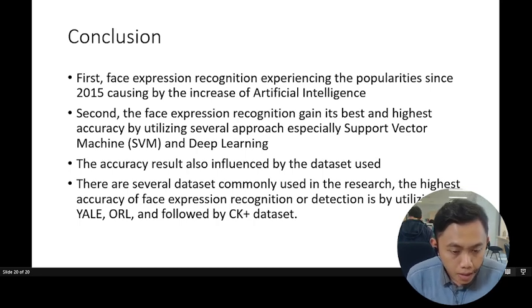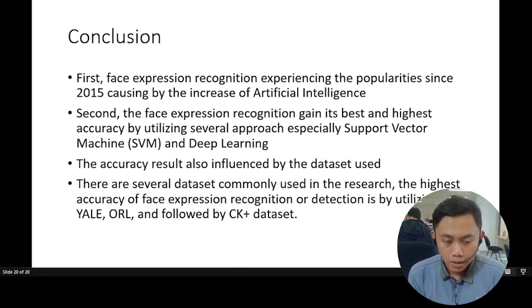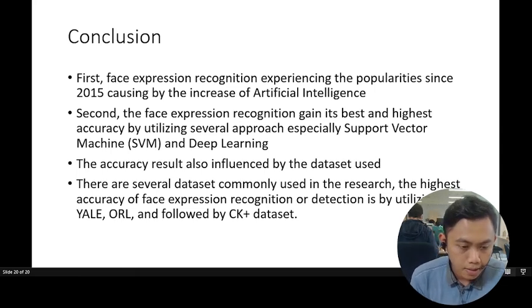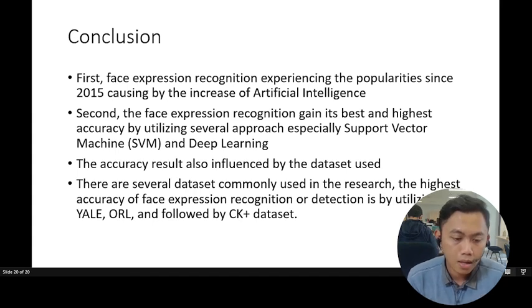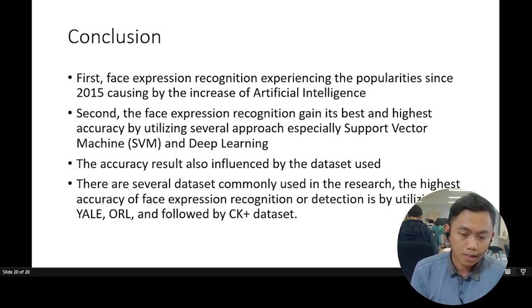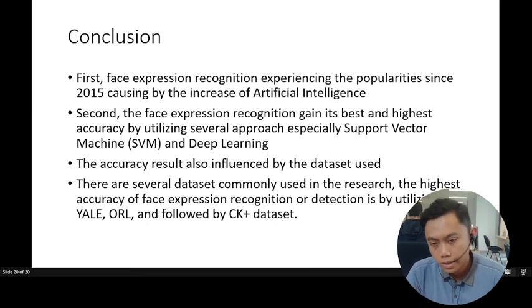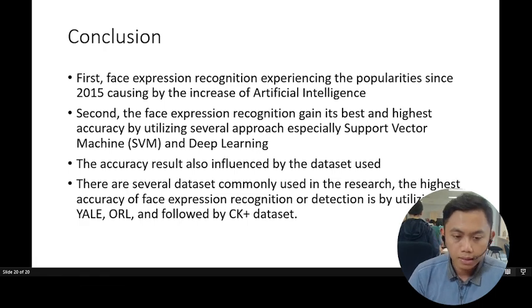The accuracy result is also influenced by the datasets used. Remember that we used the FER 2013 dataset. There are several datasets commonly used in the results. The highest accuracy of face expression recognition or detection is by utilizing YALE, ORL, followed by the CK+ dataset, also using the FER 2013 dataset.